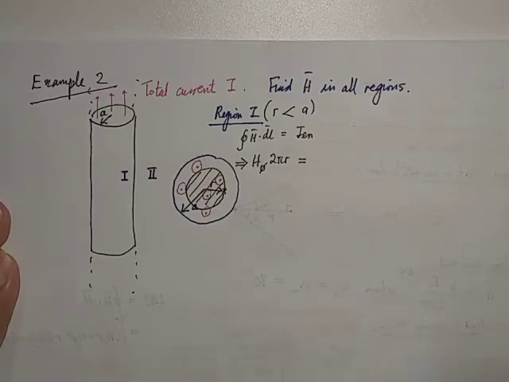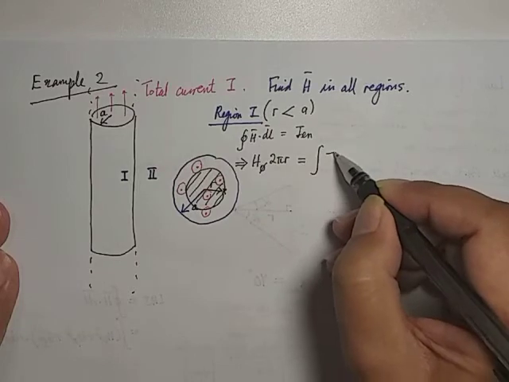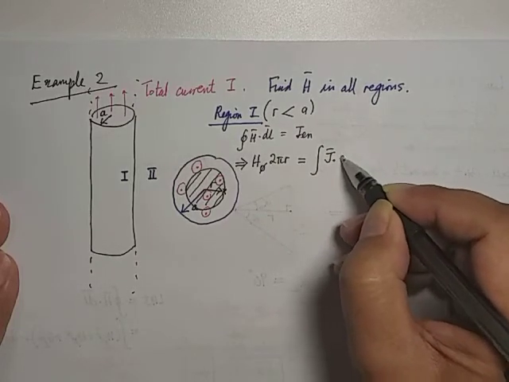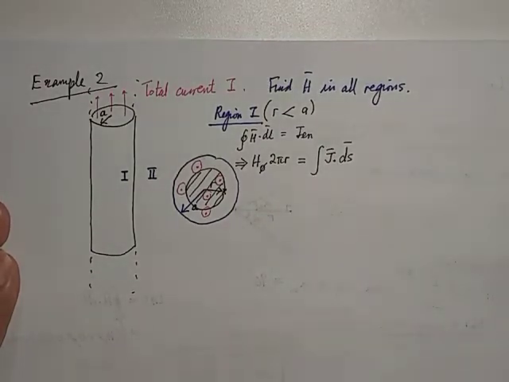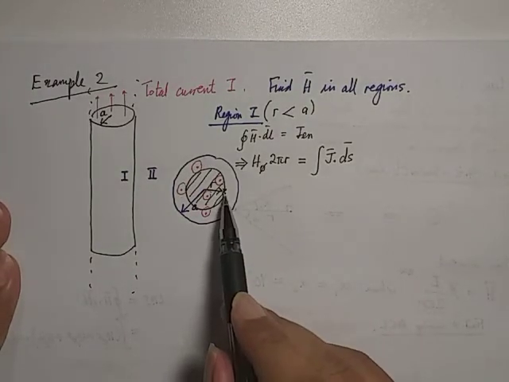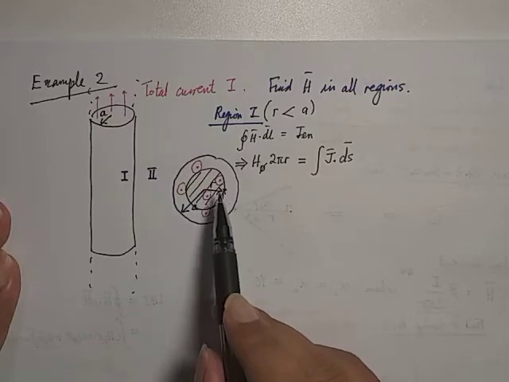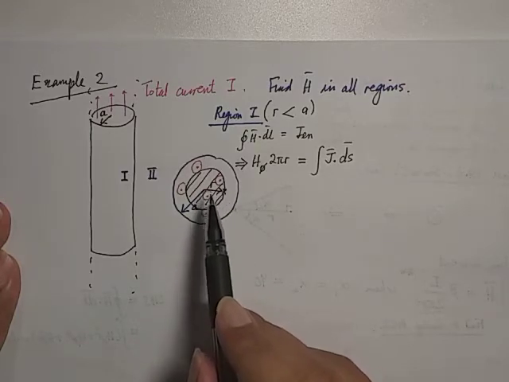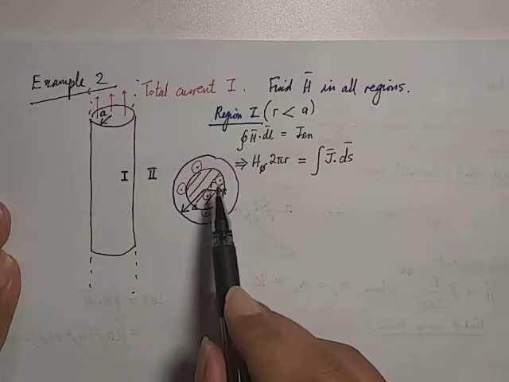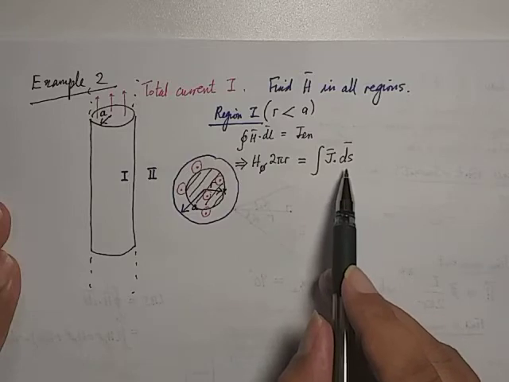My current is going to be J dot ds. If I change the position of H, the black shaded area changes, and the I enclosed also changes. Therefore, the current confined by this loop is affected by the area, which is why I multiply with ds.